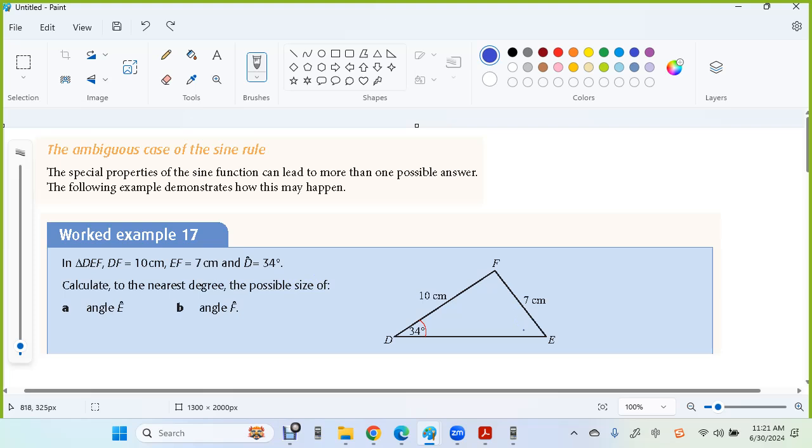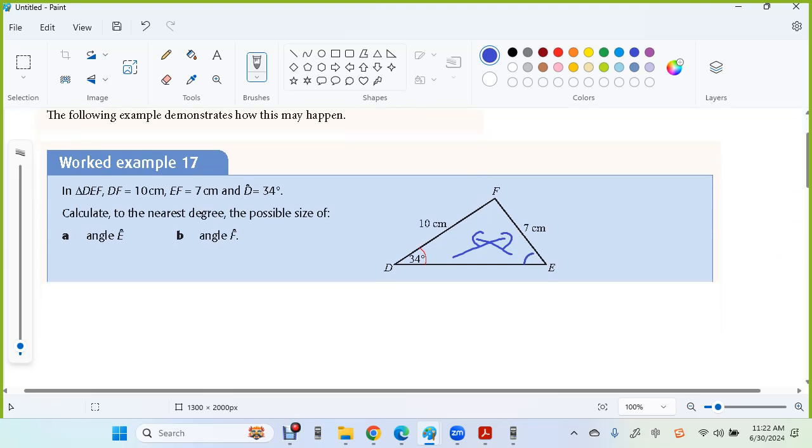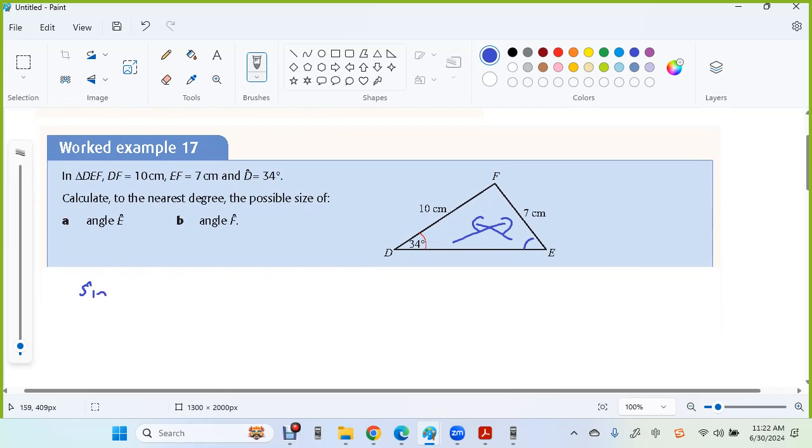So we have sine E over 10 equals sine 34 over 7.